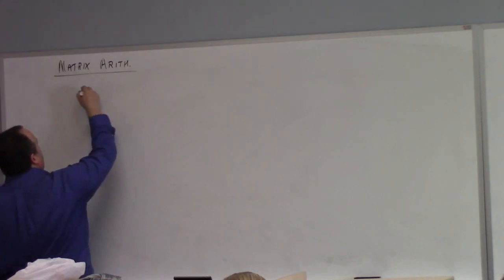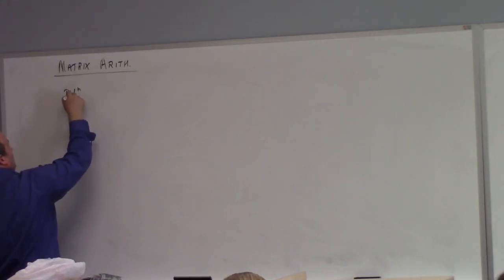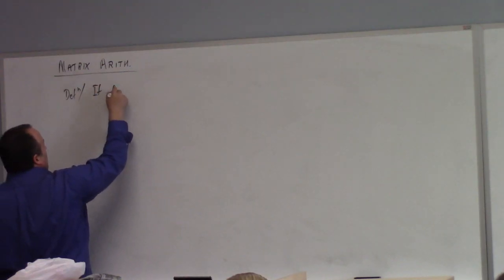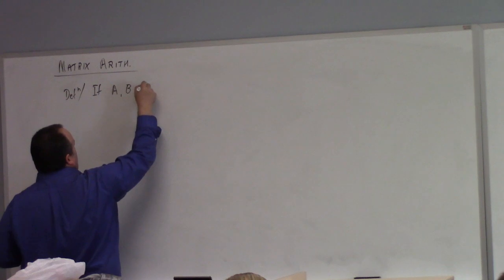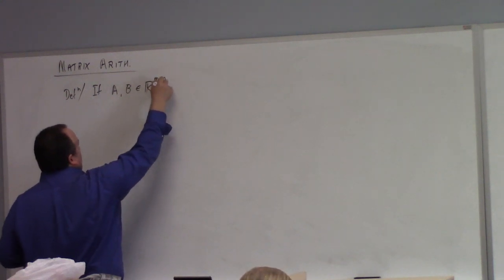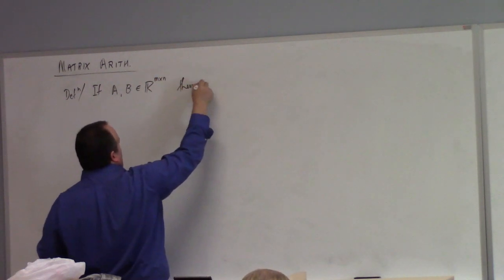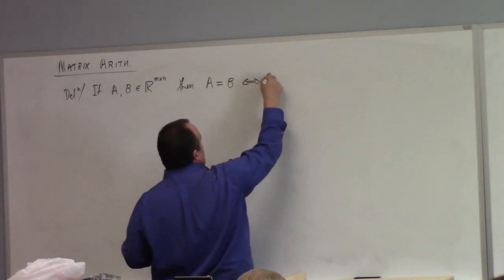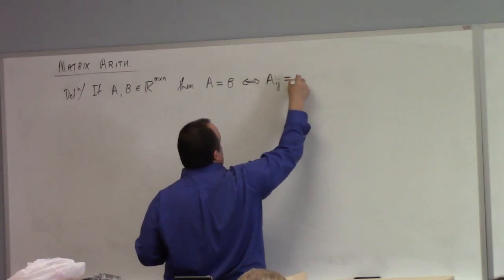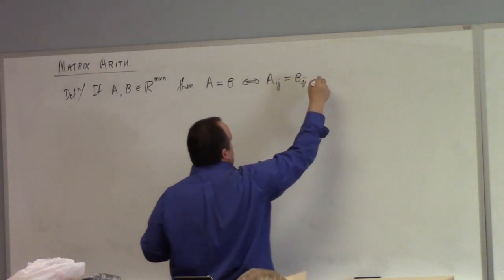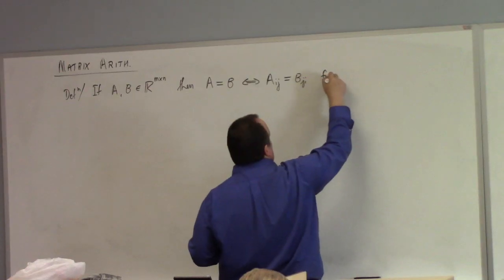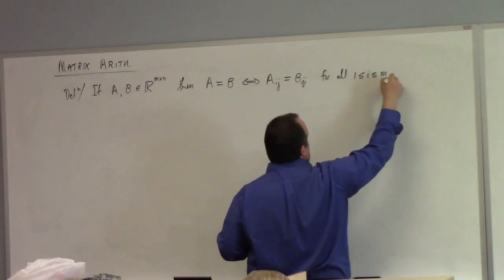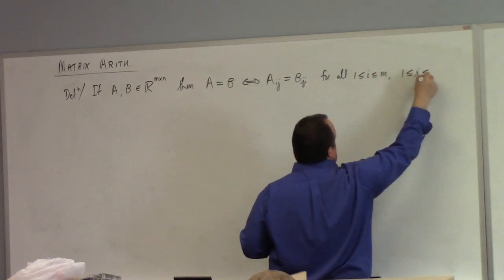And so the chief thing here is the notion of equality. If A and B are both in, let's say, R^(m by n), then A is equal to B if and only if A_ij is equal to B_ij for all 1 less than or equal to i less than or equal to m, and 1 less than or equal to j less than or equal to n.